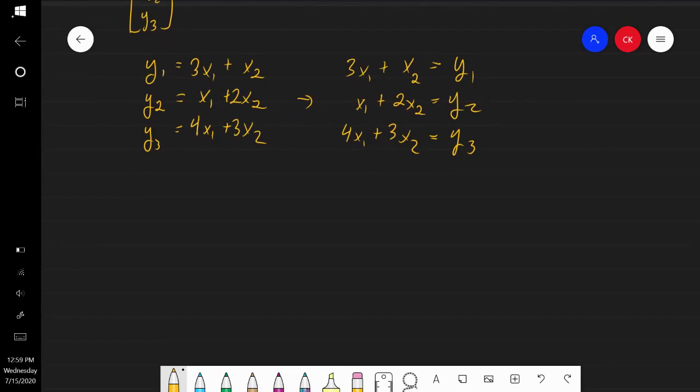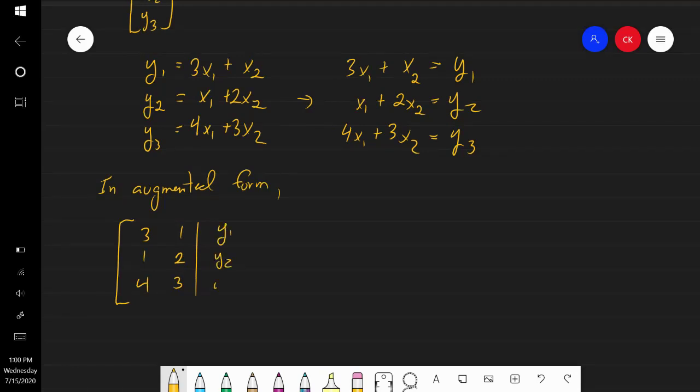So if we do that, we would have a matrix that looks like 3, 1, 4, 1, 2, 3, and we can augment it then with our outputs y1, y2, and y3. And then we would row reduce it.